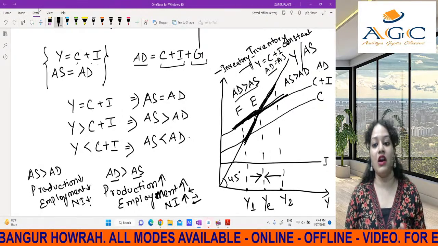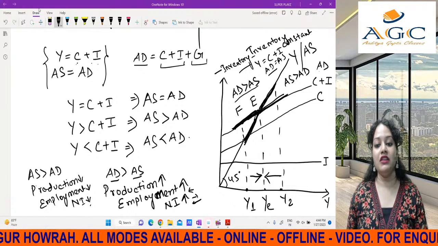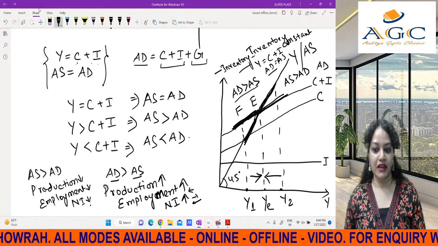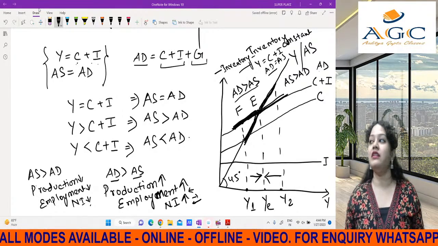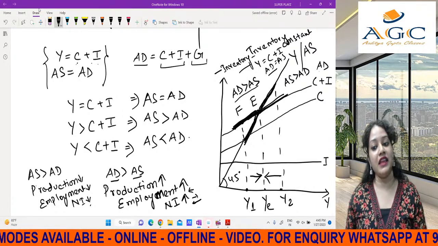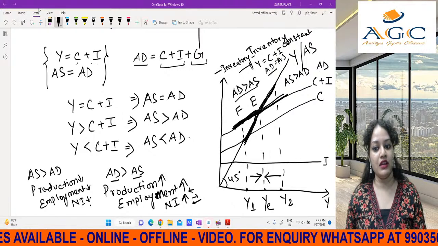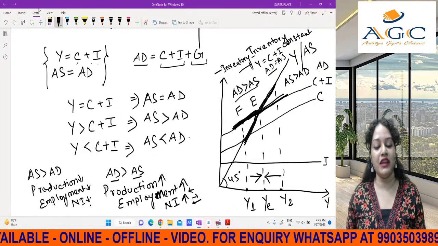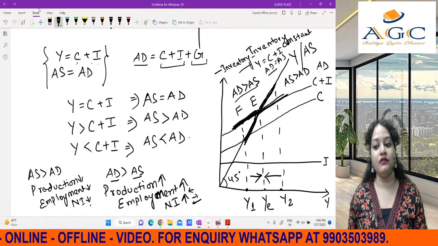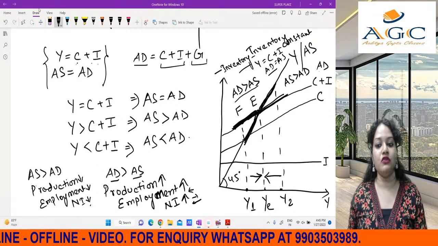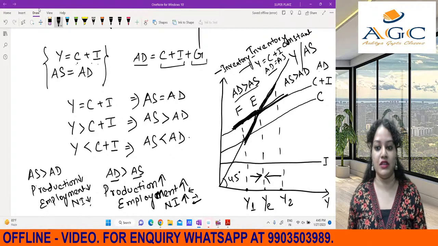And the other two questions can be what? That your aggregate demand is more than aggregate supply. They can also ask that if aggregate demand is greater than aggregate supply, then you have to determine the equilibrium level of income, or what is happening to the income at that time. For that also the answer would be the same. You have to determine the equilibrium level of income, and you have to talk about both the conditions.